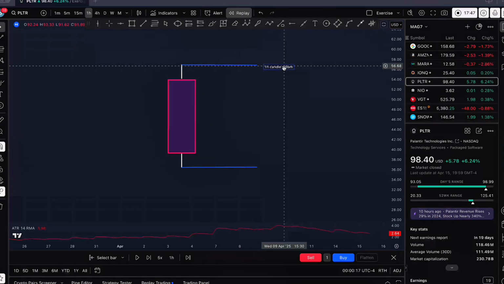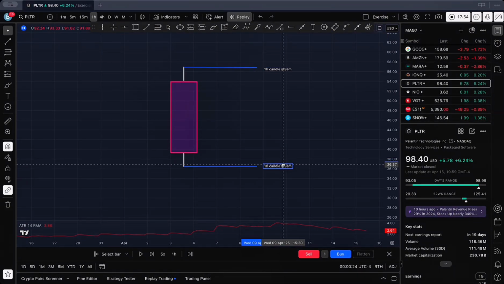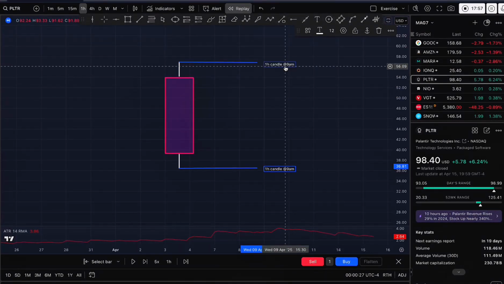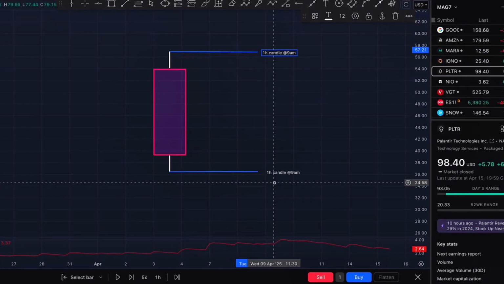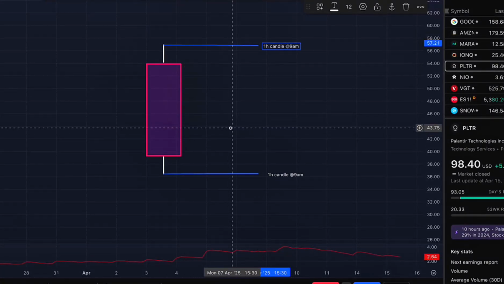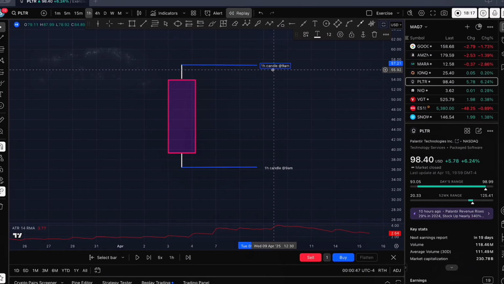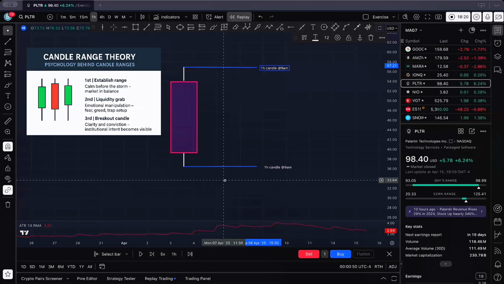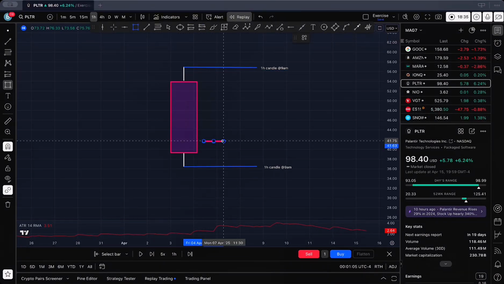And this one here, duplicate this, and we put it here. This is our 1 hour time frame candle, right? So the first thing that we have to do here is to set up the range with this high and low.